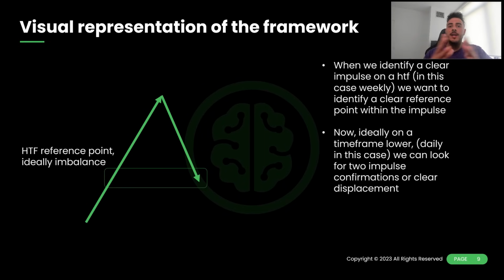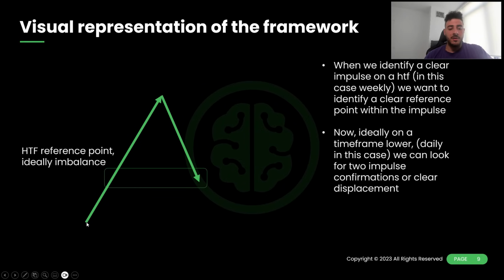Now, let's go ahead and give a visual representation of the actual framework. So, I've talked about this multiple times. When we identify a clear impulse on the higher time frame, in this case, I'm going to go over a weekly time frame, we want to identify a clear reference point within that impulse. So let's just say we have a significant impulse price swing. Maybe price took out some sort of liquidity pool.